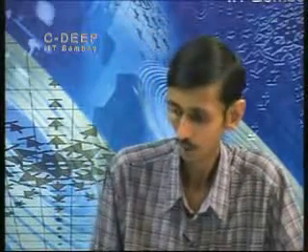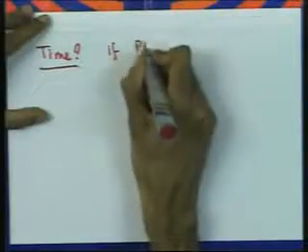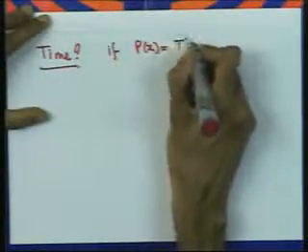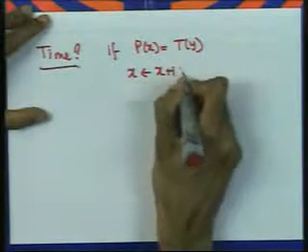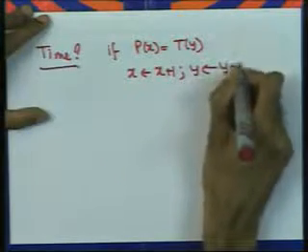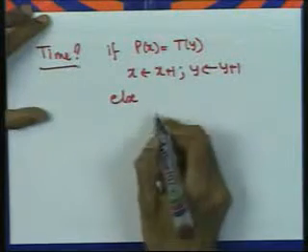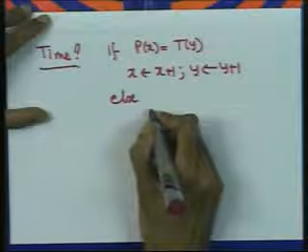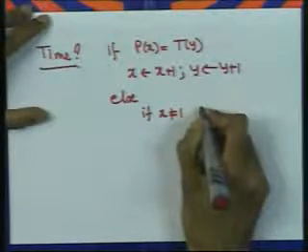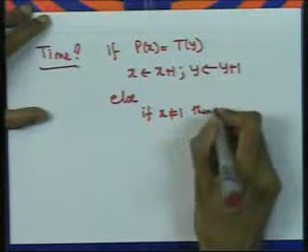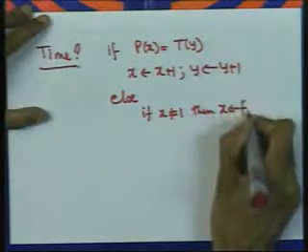Let me quickly write the main loop again. It says if p[x] equals t[y], then x is made x plus 1, y is made y plus 1. Else the crucial step is: if x is not equal to 1, then x is f(x) plus 1.